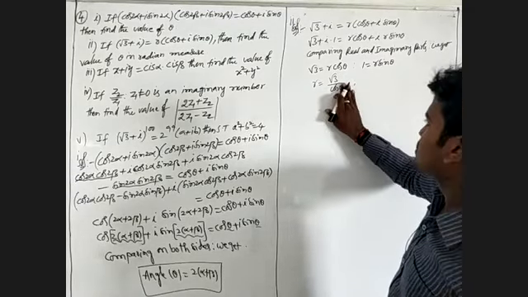We have to find the value of r. In the given one, a + ib is √3 + i into 1, where a is √3 and b is 1. Already we know that in polar form r is root of a² + b², that is root of (√3)² + 1². Square and root will be cancelled, remaining is root 4, which is 2. This is the value of r.